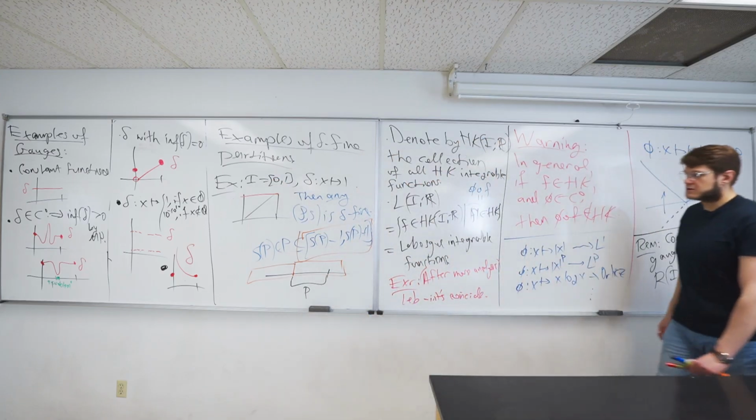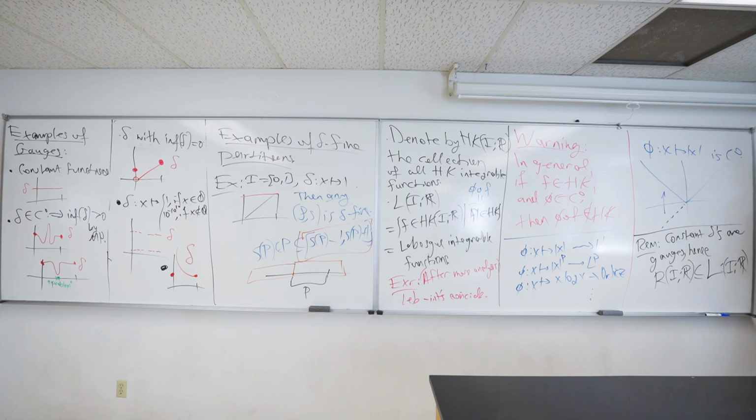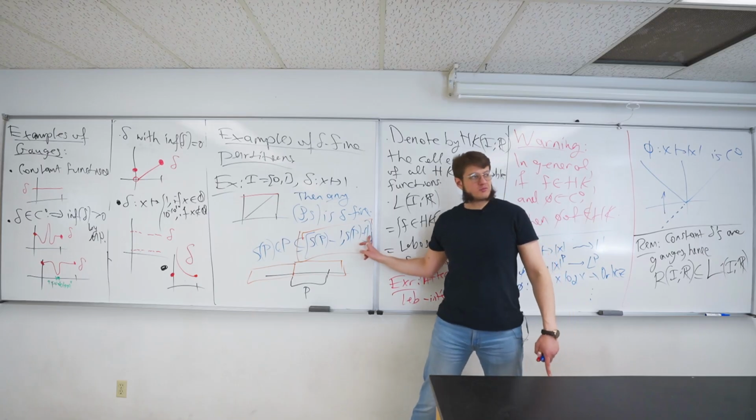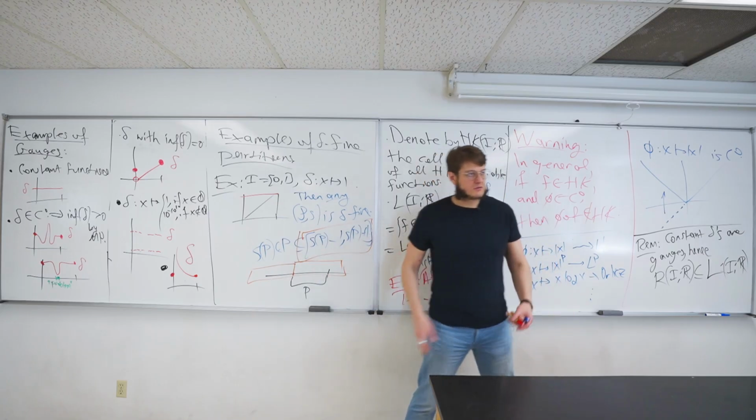Does this make sense? Where does the 2 come from? It comes from one side being S of P plus 1 and the other S of P minus 1.